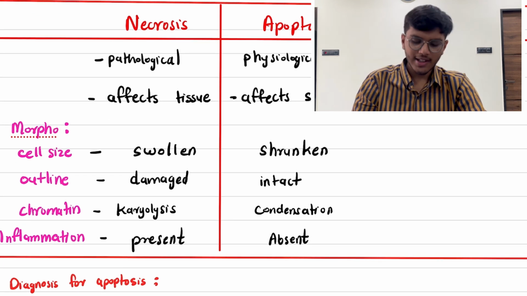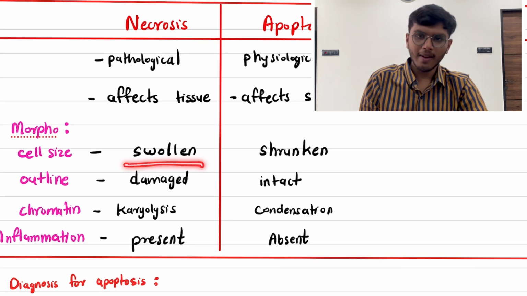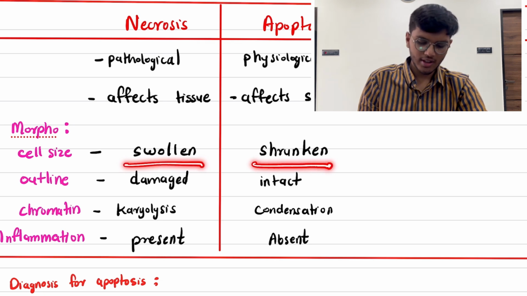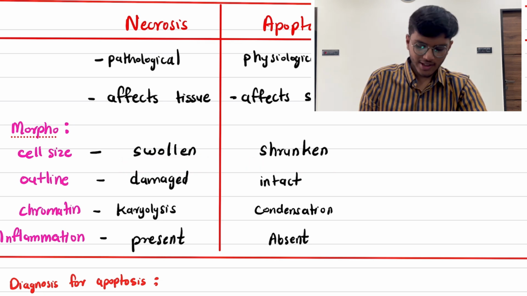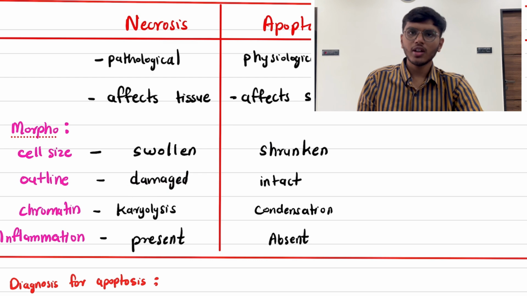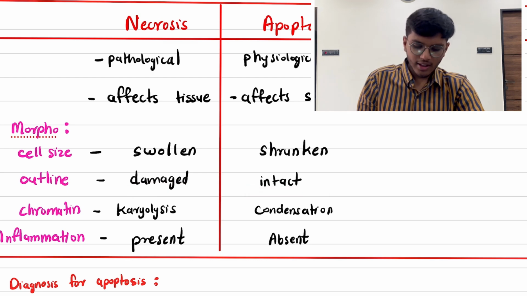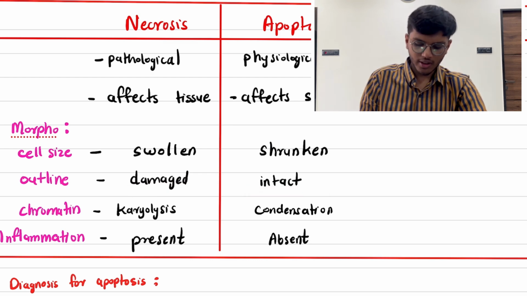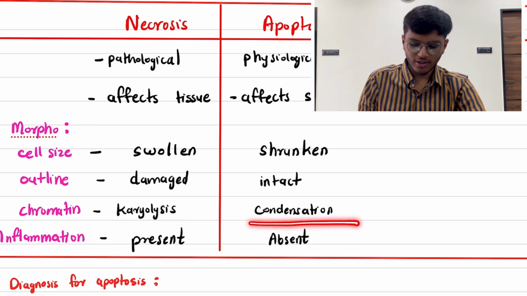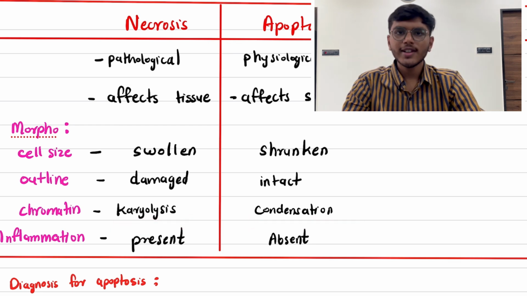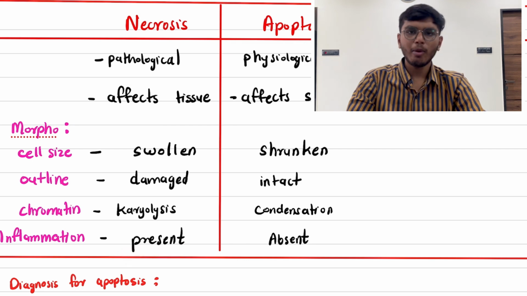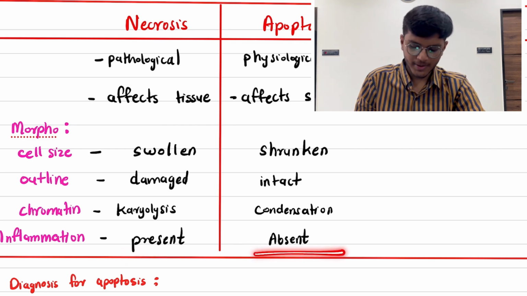In necrosis, cell size is swollen, and in apoptosis, cell size is shrunken. In necrosis, the outline is damaged, and in apoptosis, the outline is intact. In necrosis, karyolysis of chromatin is seen, and in apoptosis, chromatin condensation is seen. In necrosis, inflammation is present, and in apoptosis, inflammation is absent.